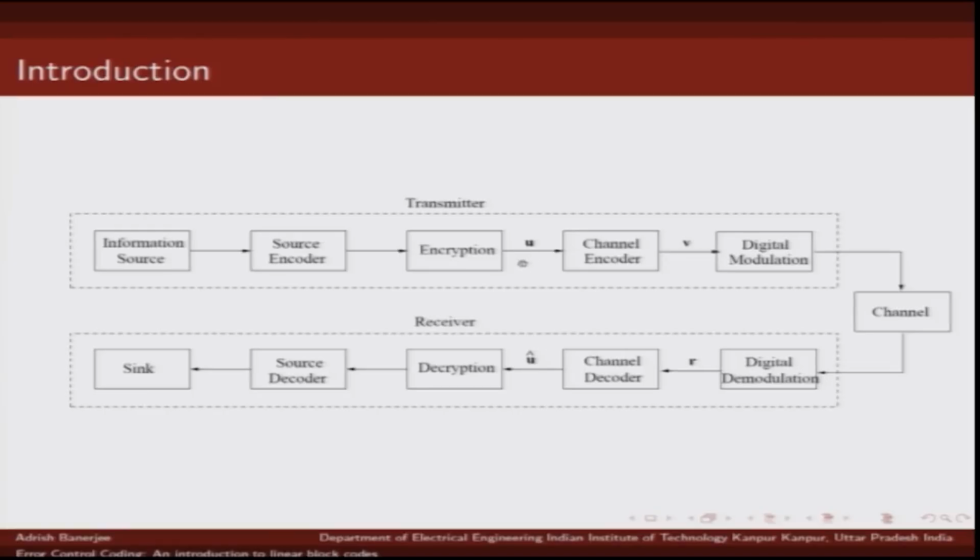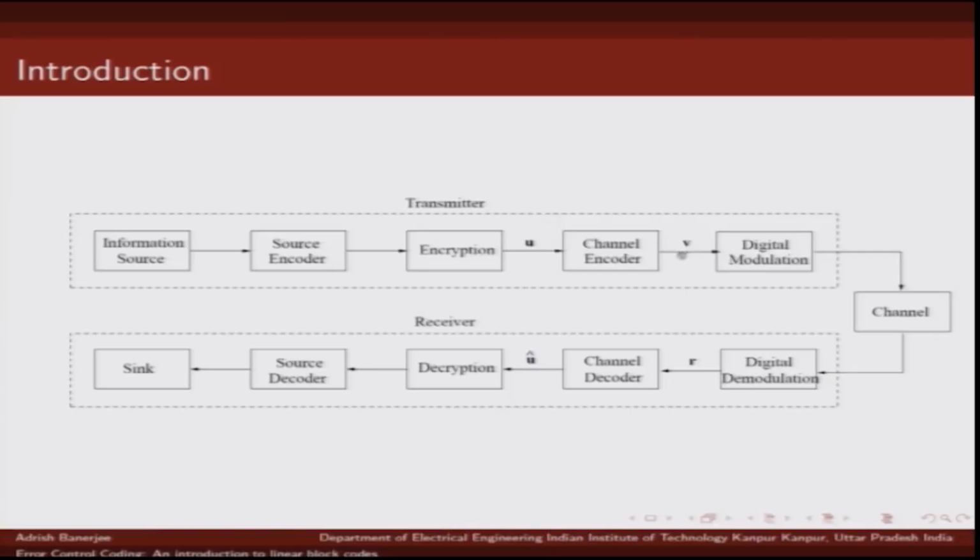We typically use the symbol U to denote the information sequence and the symbol V to denote the coded sequence. This course essentially will deal with this block, how to design good error correcting codes and the properties of error correcting codes.